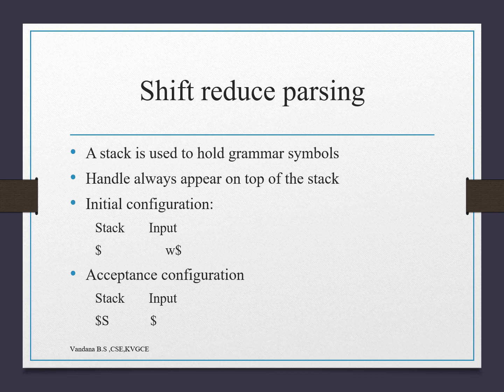When the stack contains only dollar followed by the start symbol, and the input buffer is empty, that is, only the dollar, at this time we can say that the parser accepts the input string. There is no syntax error; the input is syntactically valid. That is confirmed by the parser.